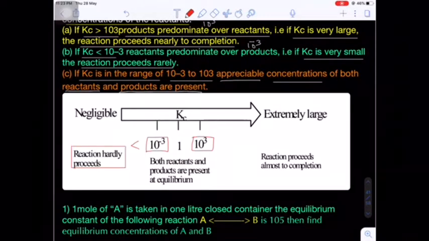If it is greater than 1000, the reaction proceeds almost to completion, so almost only products are obtained and reactants are negligible. If the Kc value lies in between these two, then reactants and products both are present at equilibrium. Are you getting my point?